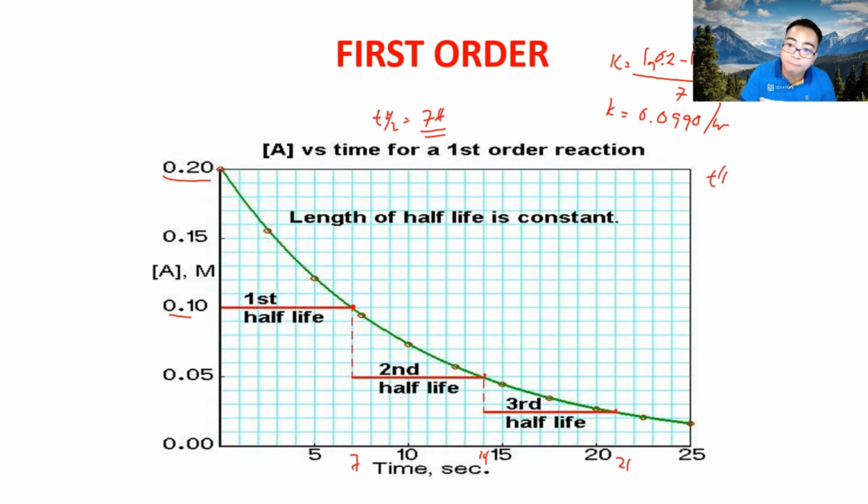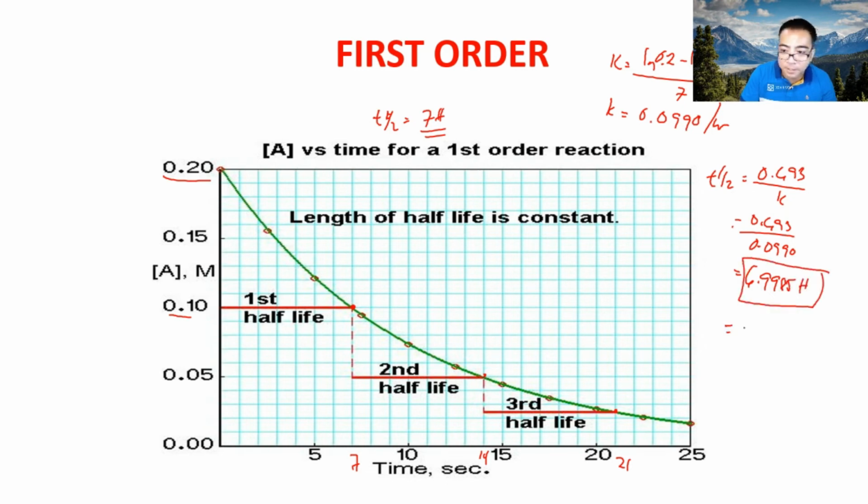Sabi natin, half-life, 0.693 divided by K. 0.693 divided by 0.0990. 0.693 divided by answer. And you get 6.9985 hours for half-life.